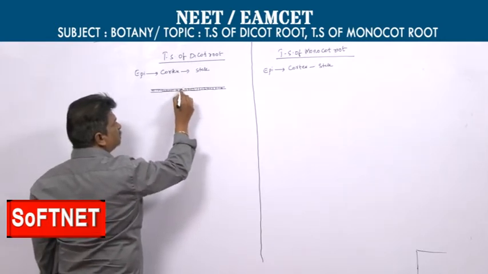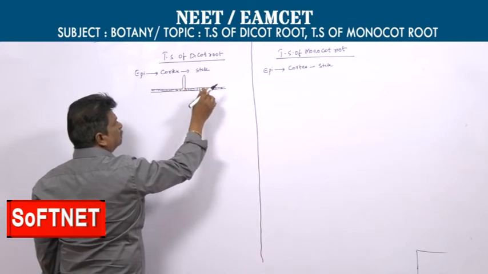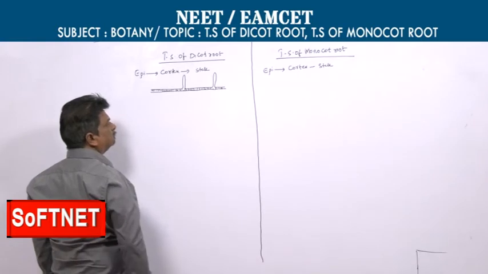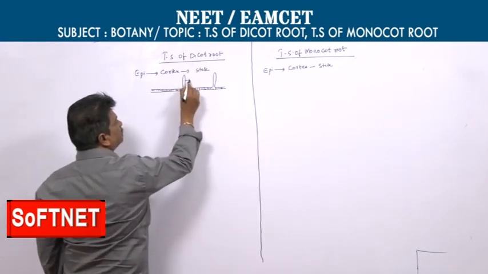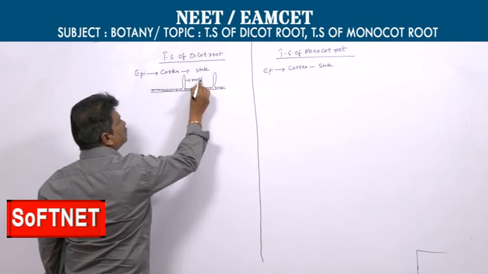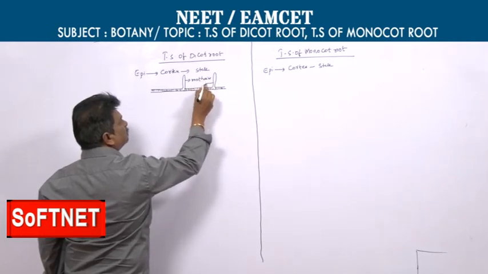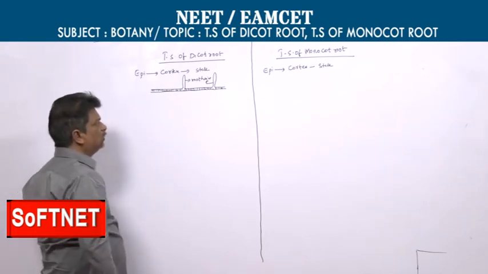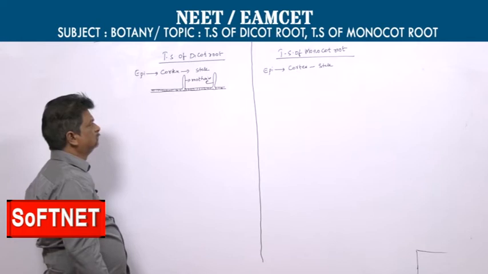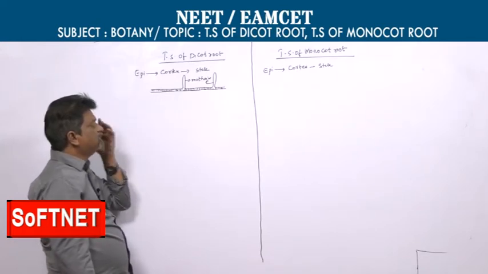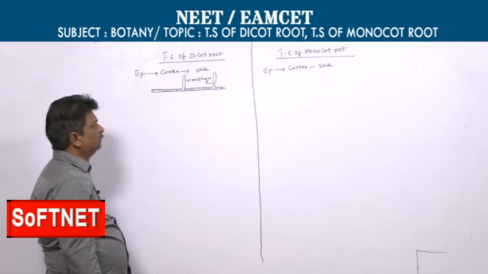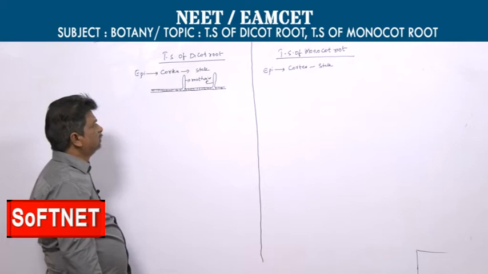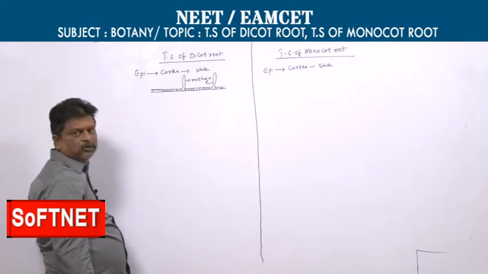Some of the epidermal cells are smaller, and their cell walls get extended. Such extensions of that epidermis are called root hairs. Cells developing root hairs are called trichoblast.